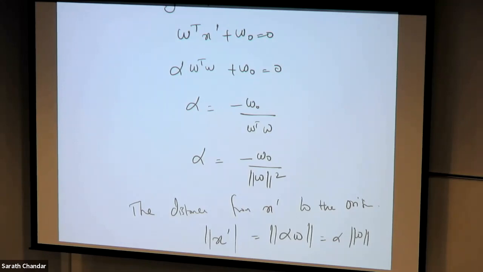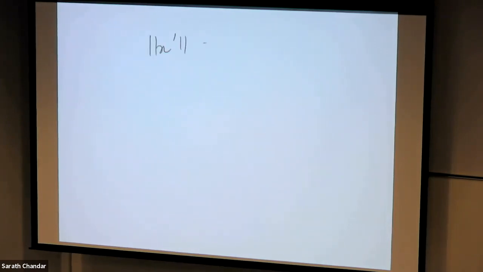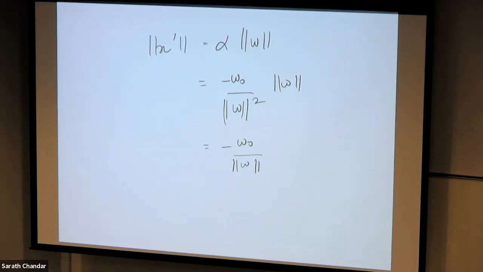So now I can substitute the alpha value, okay? So let me go to the next page. So this is going to be alpha times W. We know that alpha is basically minus W0 by this square, right? So this becomes minus W0 by the norm of W. Okay. So in other words, W0 is the one which is determining the location of the decision function.